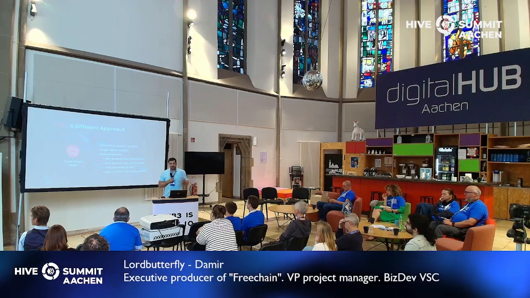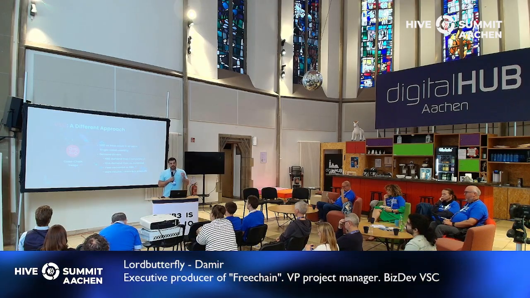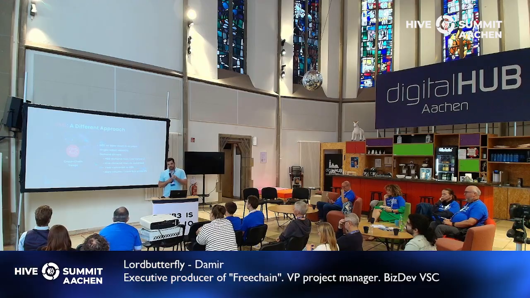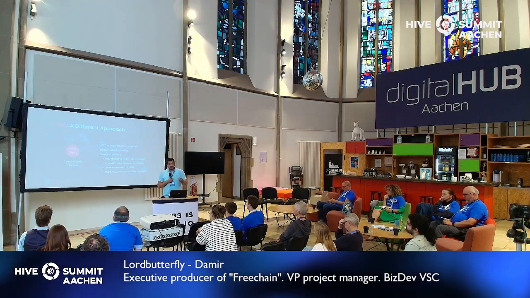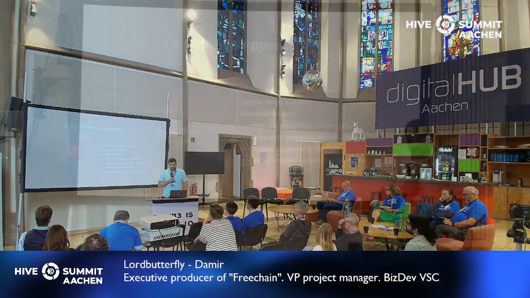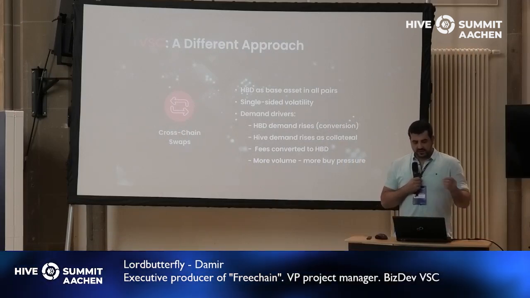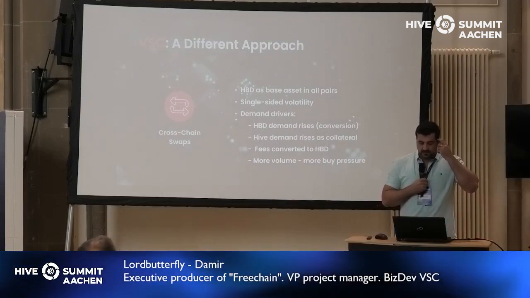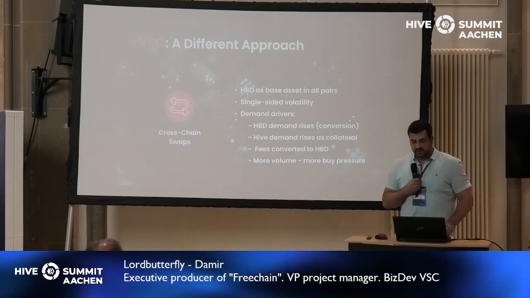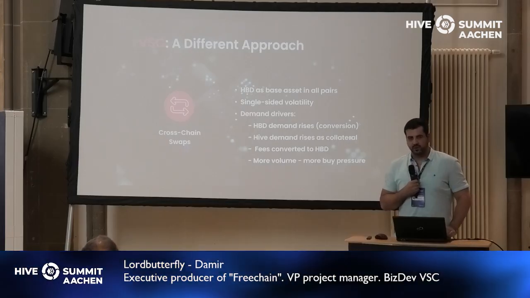From the side of trading fees: each trade creates some kind of fee, that being in Bitcoin or Ethereum, etc. That fee is then sold. That Bitcoin or Ethereum is then sold for HBD. The liquidity providers and the collateral providers receive HBD as the fee. So you could say in a way that as the volume rises, there's more buying pressure for HBD as well.